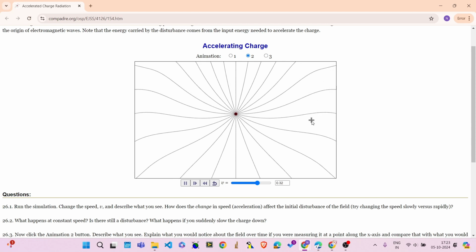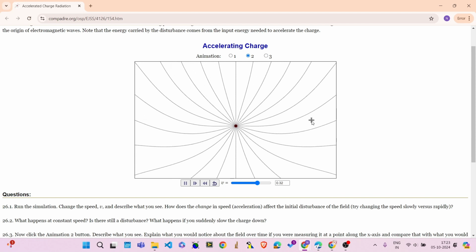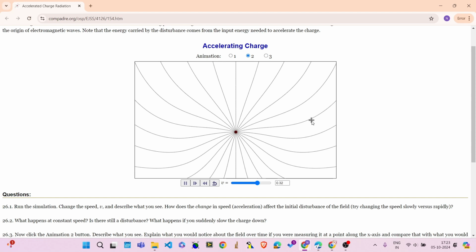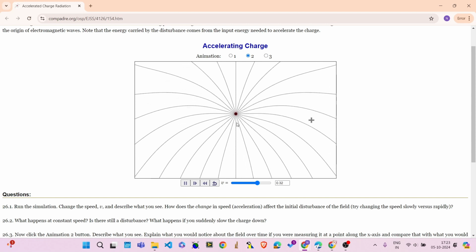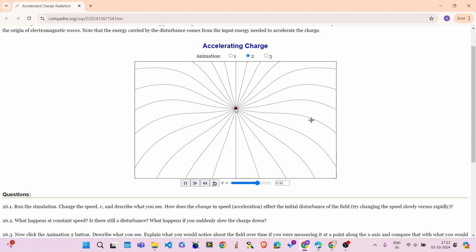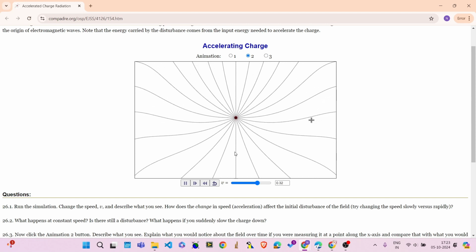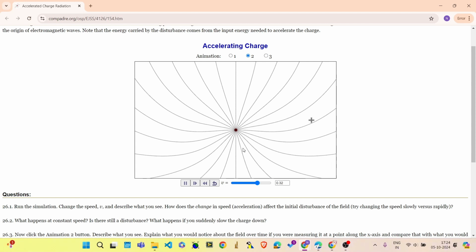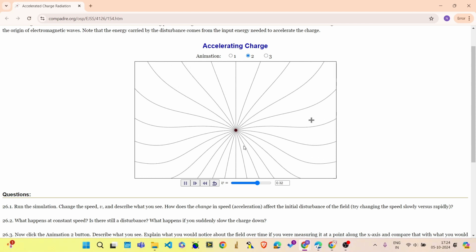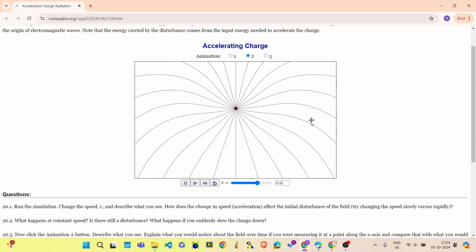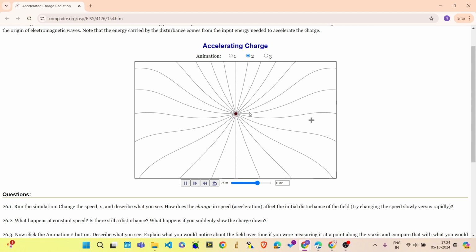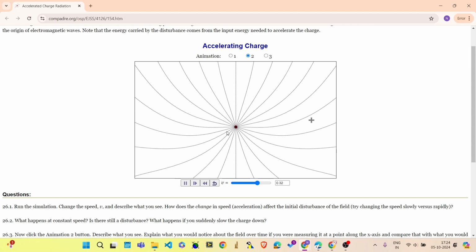So here you see, this charge is going up, then it's coming back, so it's kind of performing an SHM. The field lines are changing in such a way that they are not radially outward anymore.